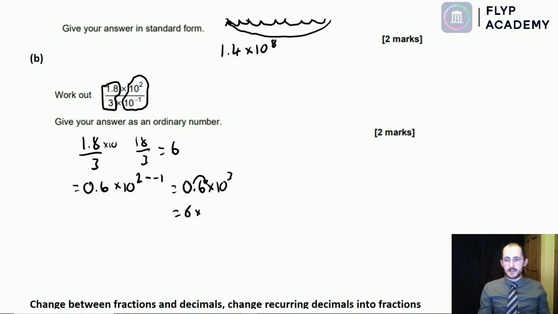And to do that, I need to reduce the power here by 1. Okay, so if you think about it, what I'm doing is I'm taking one of the times 10s and timesing my first number by 10. So I need to divide this one. So if I times this side by 10, I divide this side by 10. Okay, because otherwise it won't be the same number.